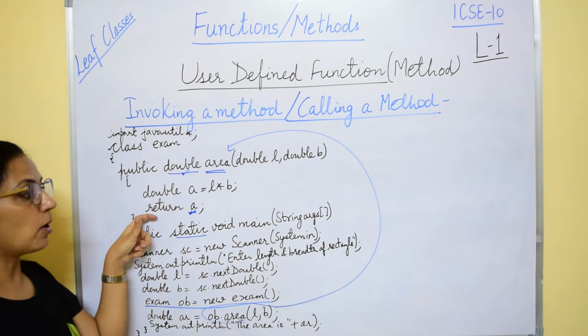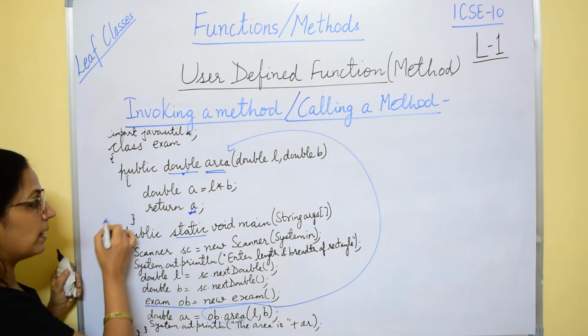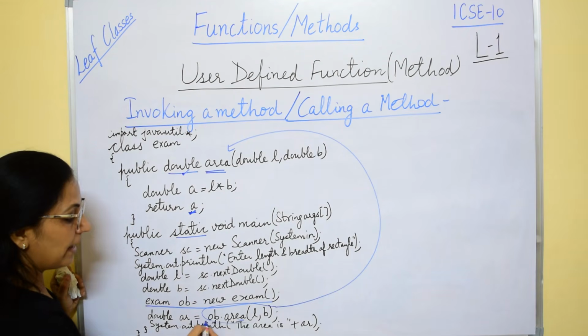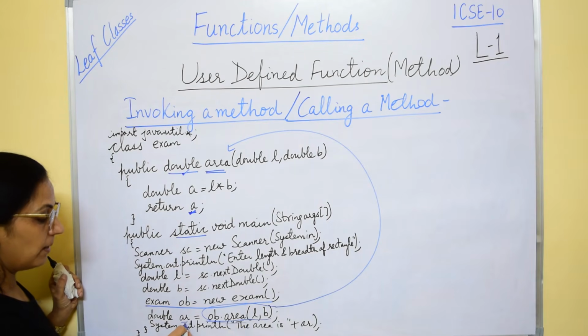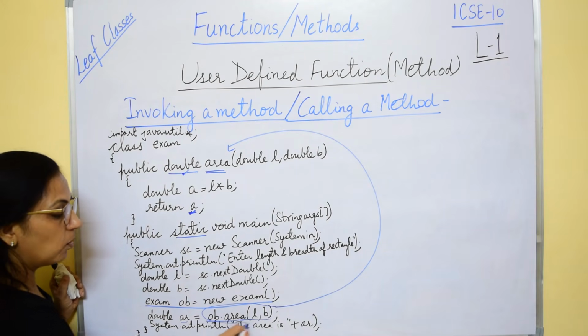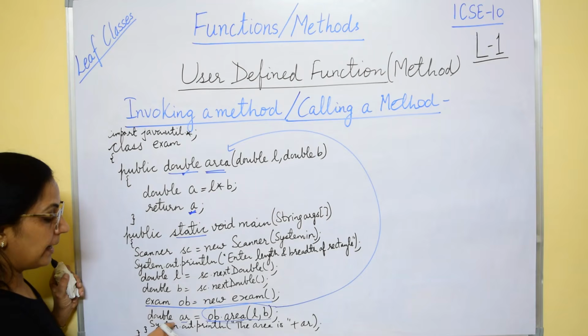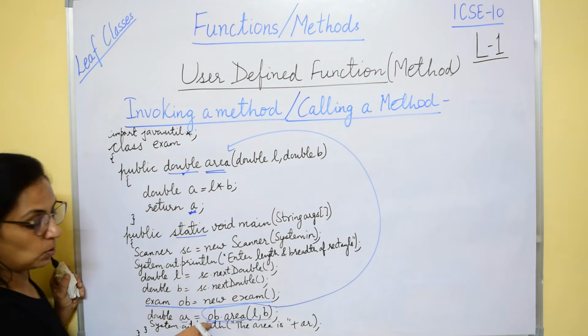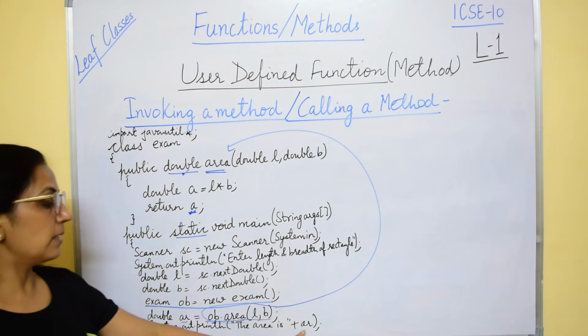The function body will be executed and the return statement will come with a value, and that value will be placed over here, and in the AR variable you will get the value that is calculated and returned by the area function. I have stored that in double AR, and after that you will print the area is AR.